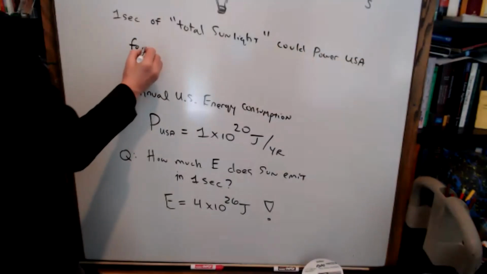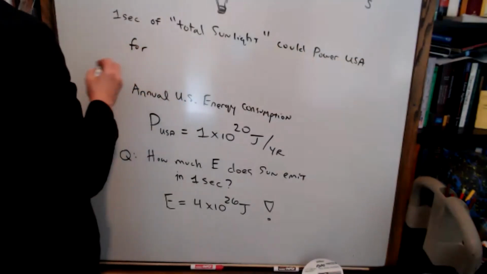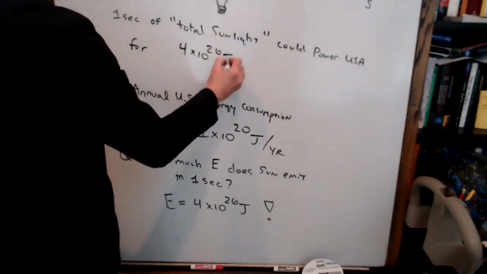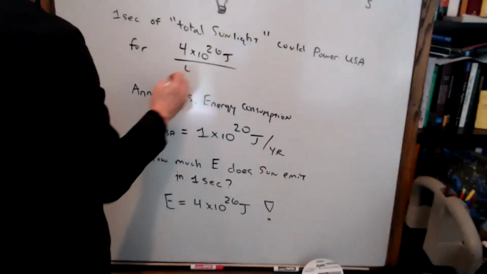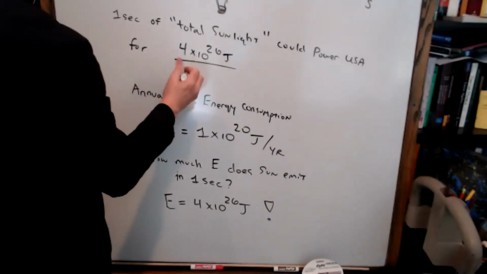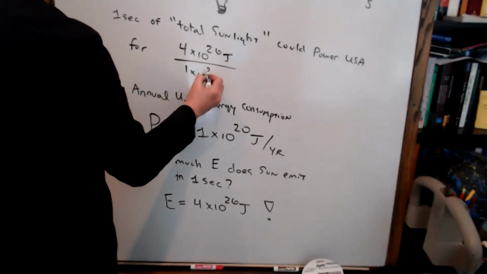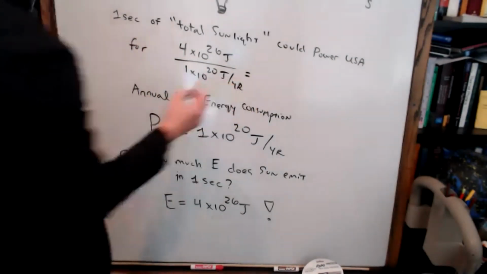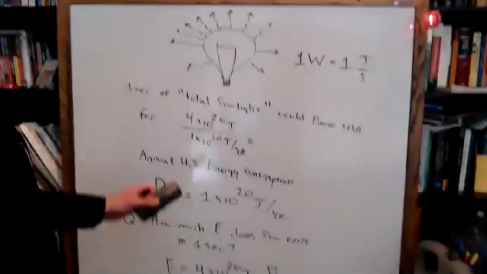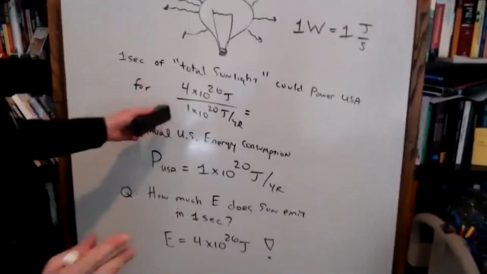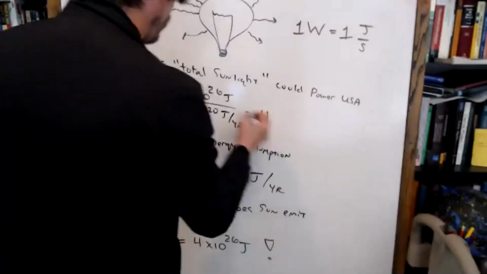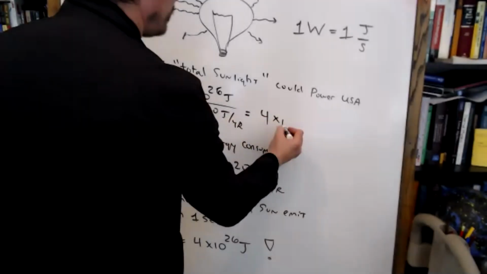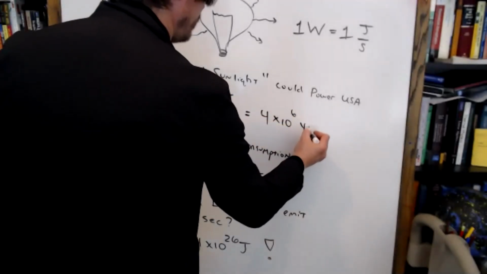Let's do her calculation again. 4 times 10 to the 26 joules over 1 times 10 to the 20 joules per year. And Michaela correctly did that in her head. I wanted to make sure you guys can follow her. 4 divided by 1 gives you 4. 26 minus 20 gives you 6.